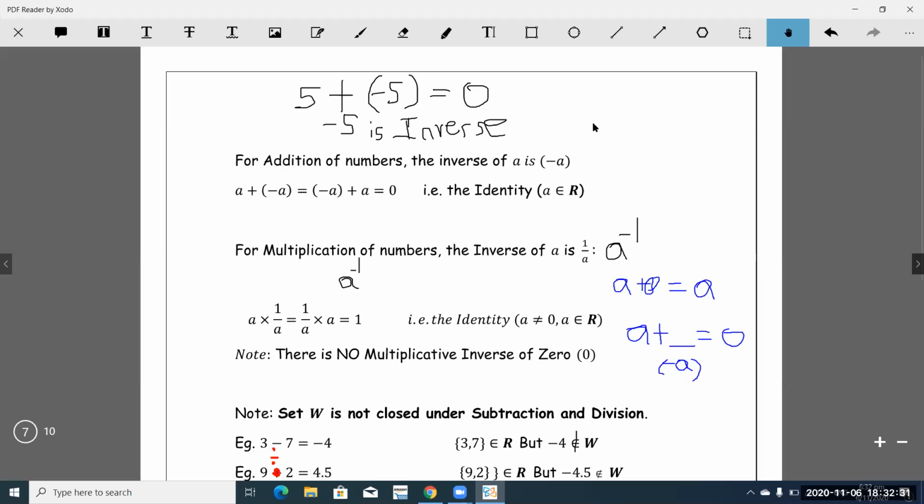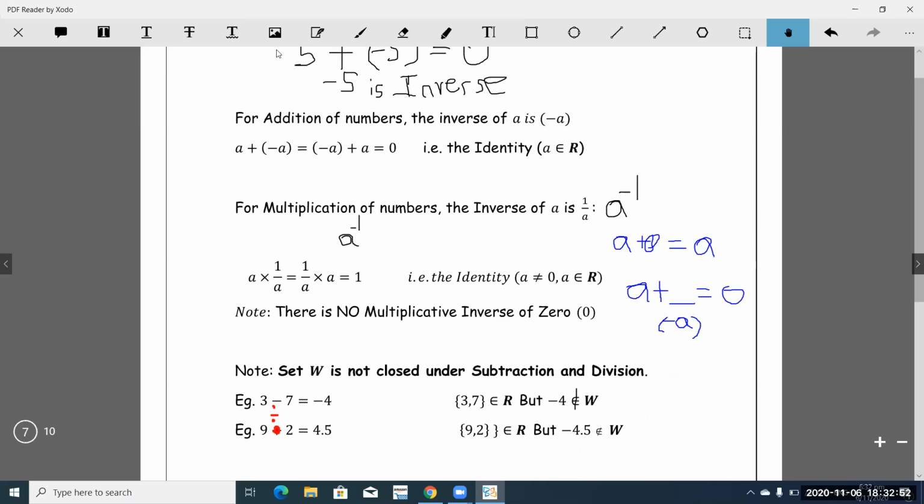When I add two natural numbers, the result is still a natural number. So when you add two natural numbers, the result is always a natural number, and so we say the set of natural numbers is closed. That's what closure is.